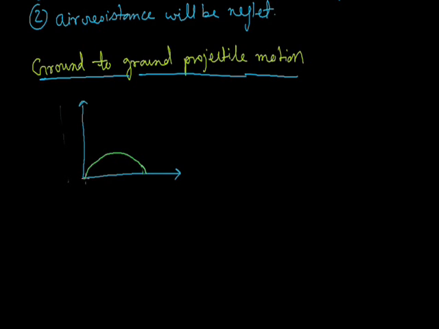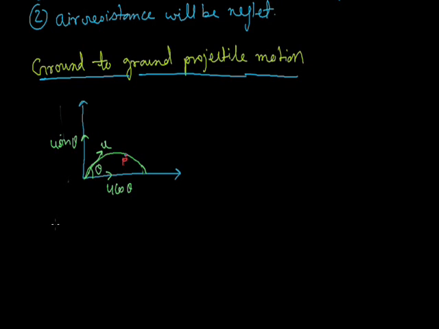When you throw a ball with velocity u at angle theta, its horizontal component will be u cos theta and the vertical component will be u sin theta. We have to find the velocity at any point P, like this point here.